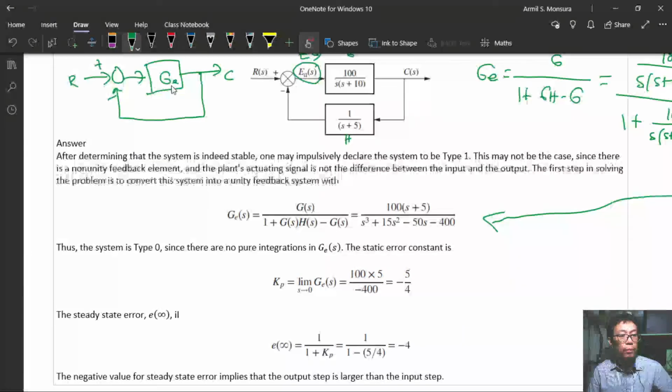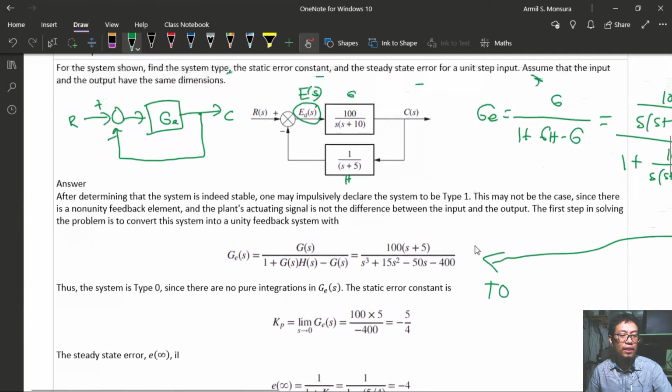So from there, since na-reduce na natin siya into a unity feedback system, we can now see na ang system ninyo ay type 0. Type 0 yung system ninyo. Whereas, baka kasi pag tiningnan nyo yung forward transfer function niyo, baka bigla kayo mag-conclude na type 1 siya because of this integration factor.